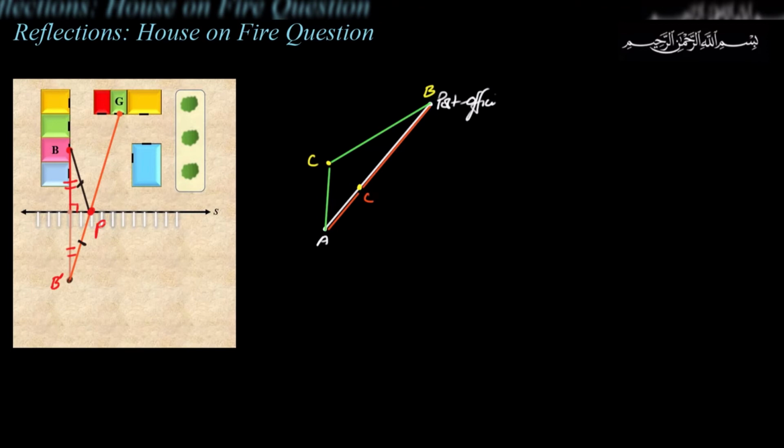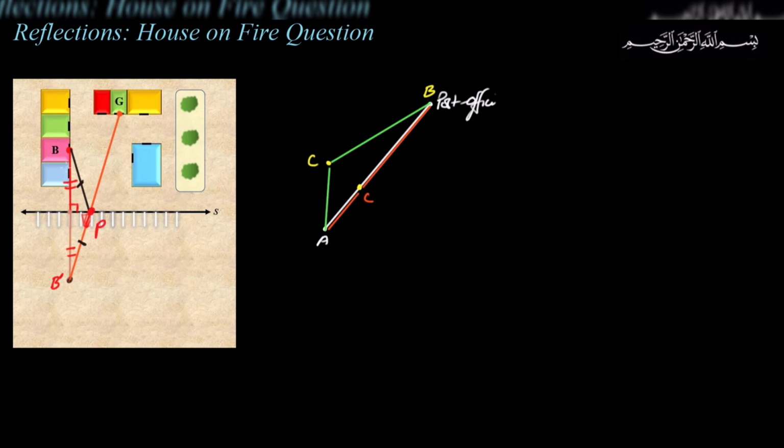All right. How do you find this point? First, you have to reflect B across this line S to find B prime, and then you make an imaginary line from B prime to G. And you park your car right here, probably like over there, and that would be the shortest distance that you could go from this shop B to parking space P, and then you go to G over there, and that's how you go about finding this point.